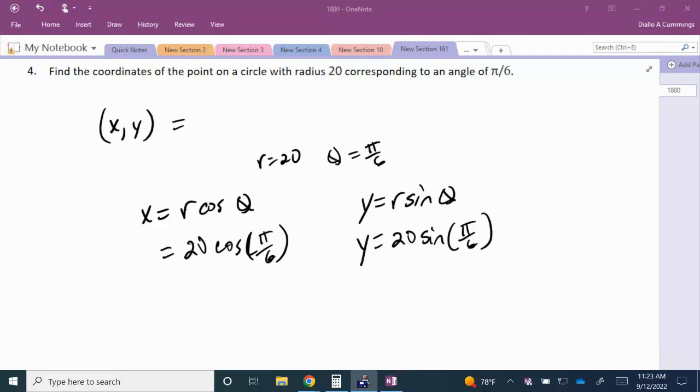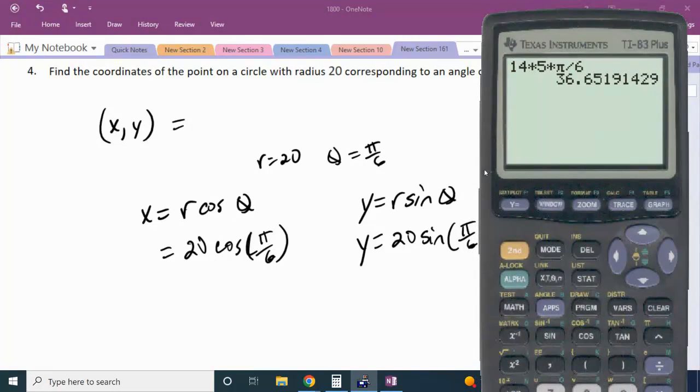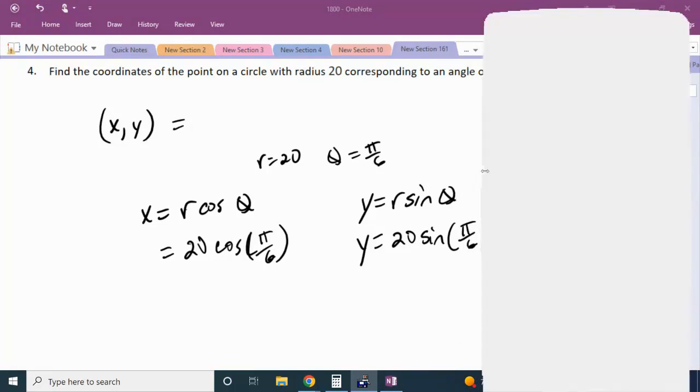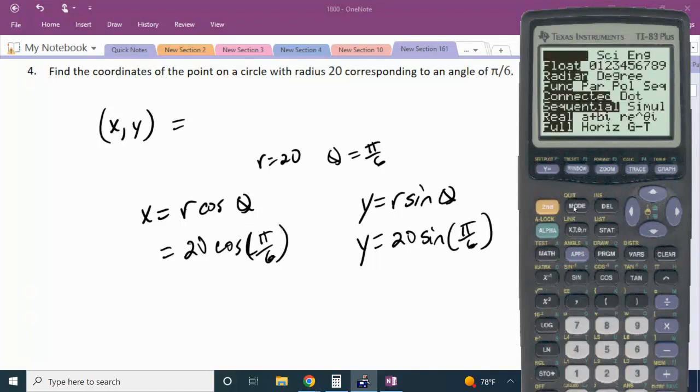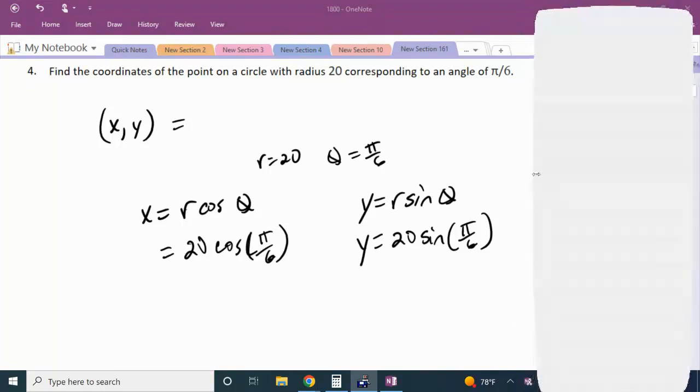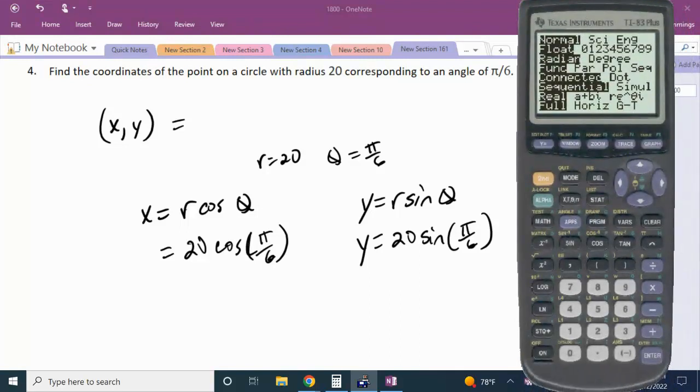Now, since we're going to evaluate these on the calculator, this is where we need to be careful for the mode of our calculator, because we are using a cosine and a sine function. We're given an angle which is in radian measure, so I want to go into mode. Okay, I want to make sure that I'm in radian mode. Right, so I am in the proper mode. I'm going to go back to the home screen.